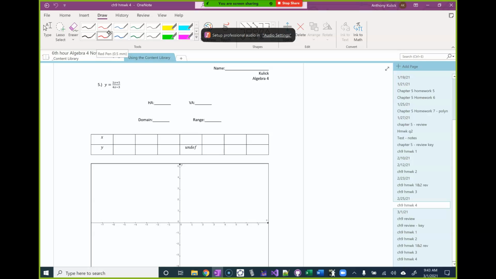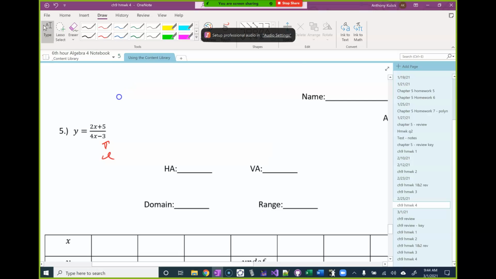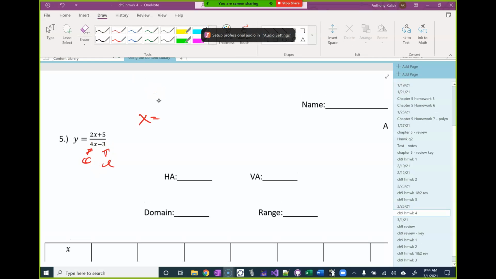The vertical asymptote I find by taking negative d over c, and here's my c. Negative of negative 3 over 4, or just 0.75.